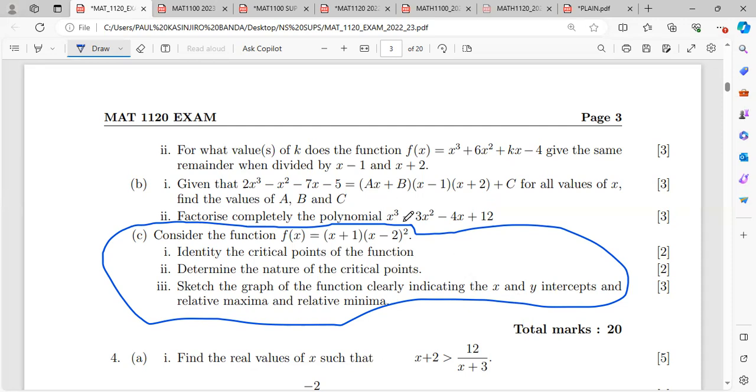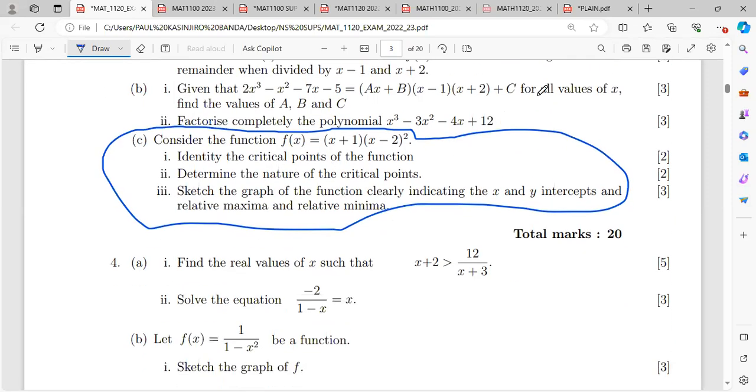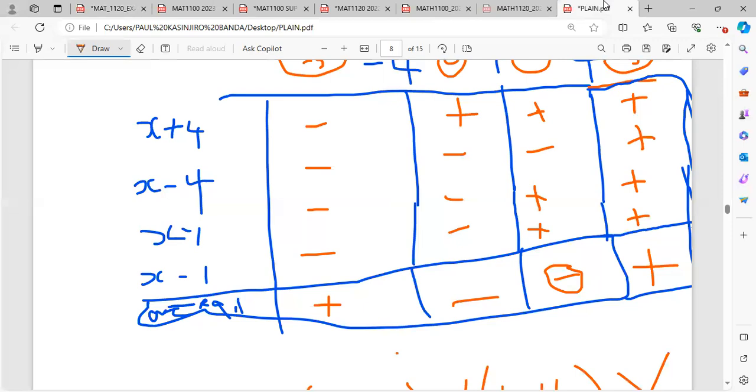To identify the critical points, we just get whatever is in the brackets here, and then you equate it to 0. No, that's when you're finding the nature. I mean, when you want to find the critical points, you expand this, and then you differentiate it. Once you differentiate it, you equate that derivative to 0, and then you solve for x. Those will be the critical points. So that's how we are going to move.